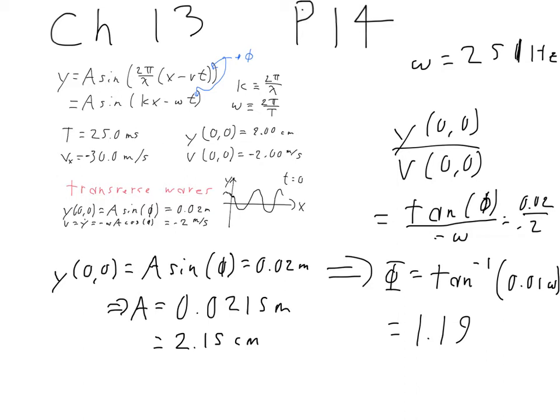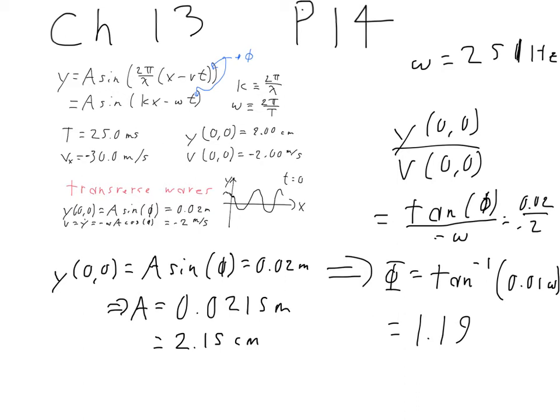So the amplitude is a little bit larger than the initial displacement of the vibrating object at that one position at that one instant. So we've already done parts A and B, though in a bit reverse order from what the book wanted, but we can do what we want.